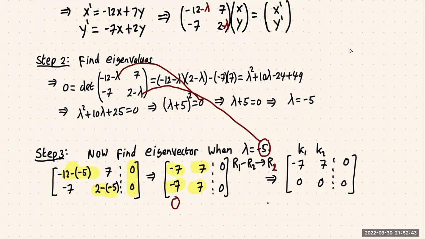So doing that, we'll get a negative 7 plus 7 to be 0 here, and then 7 minus 7, 0, 0. And the minus 7 here is in the K1 column and the 7 is in the K2 column. So now we can use back substitution to solve. So let's do that.